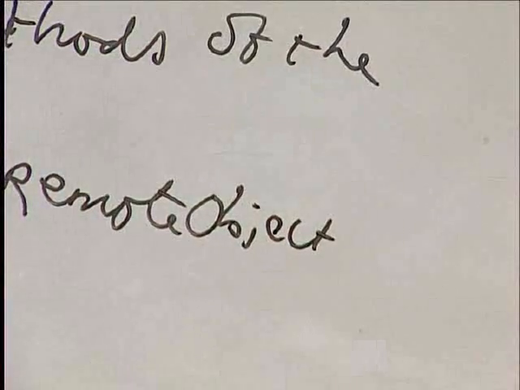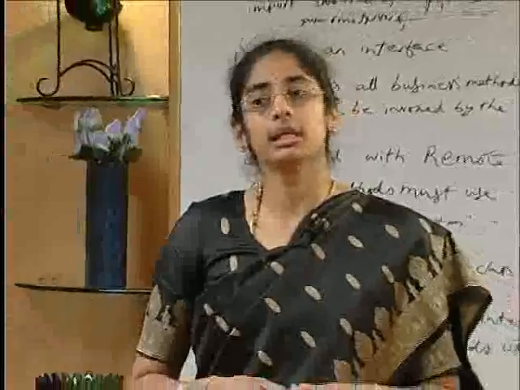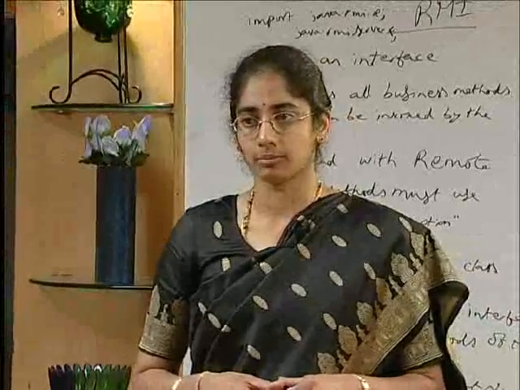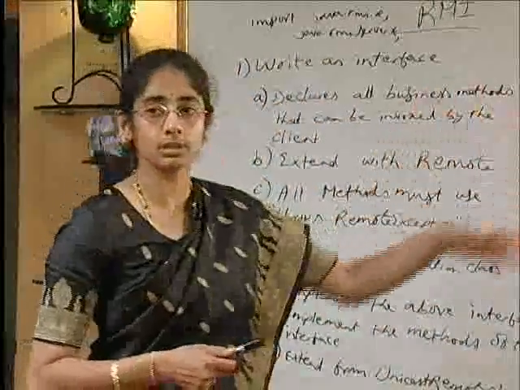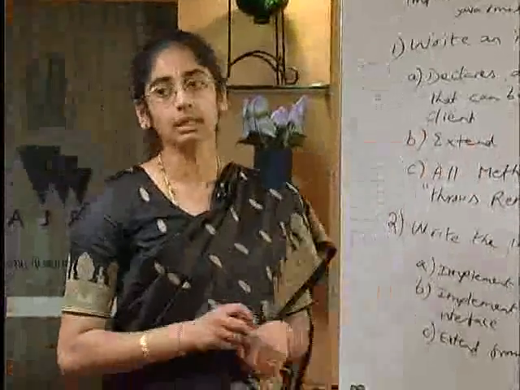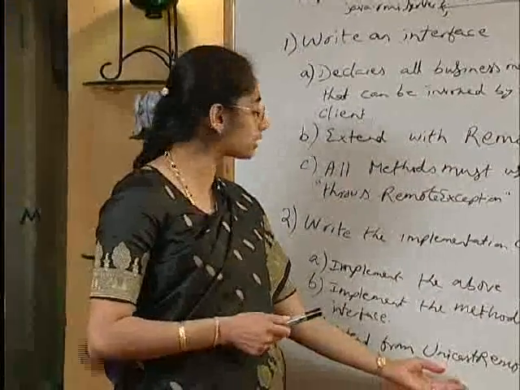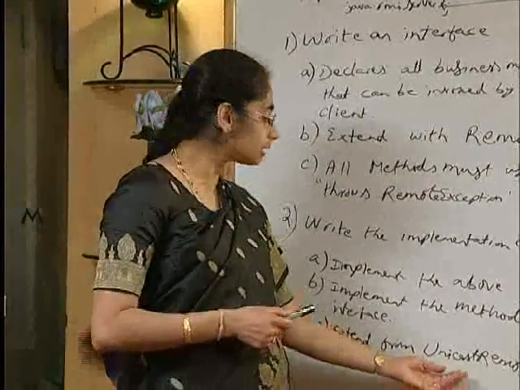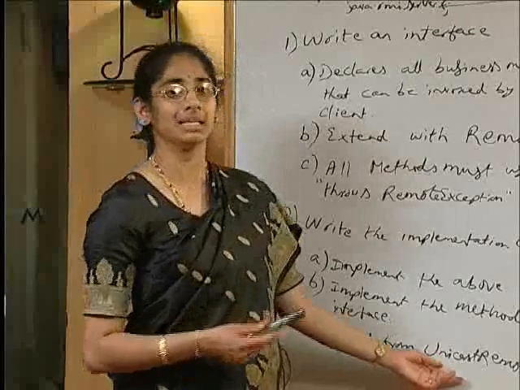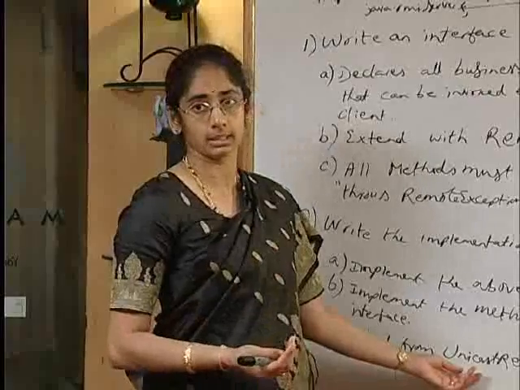Now you have this UnicastRemoteObject class in the java.rmi.server package. This class helps in exporting objects, when you need to pass the object from server to the registry and from the registry to the client. And it also identifies the type of server, that is, it is a unicast type of server, which means I cannot replicate the objects.